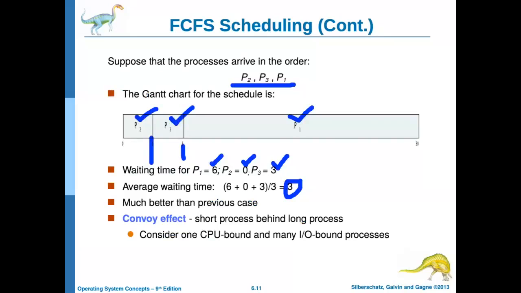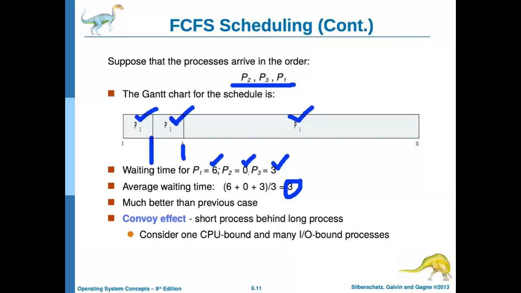But first come, first serve scheduling algorithms do not have the liberty to change the order. The order in which processes arrive should be the order in which they are scheduled. That is what the algorithm suggests. And actually, this effect is called the convoy effect.